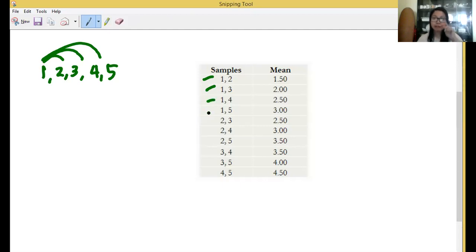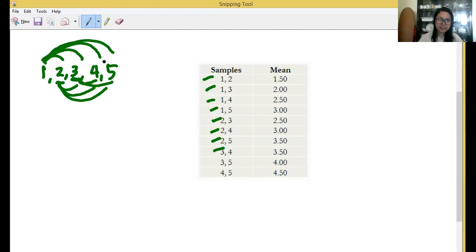So we could not have 4, 1, because 4, 1 and 1, 4 are the same. Then 1 and 5. Next, let's start with 2. 2 and 3. Next, 2 and 4. Next, 2 and 5. Let's start with 3. We have 3 and 4, 3 and 5, and the last is 4 and 5. If you count, there are 10.